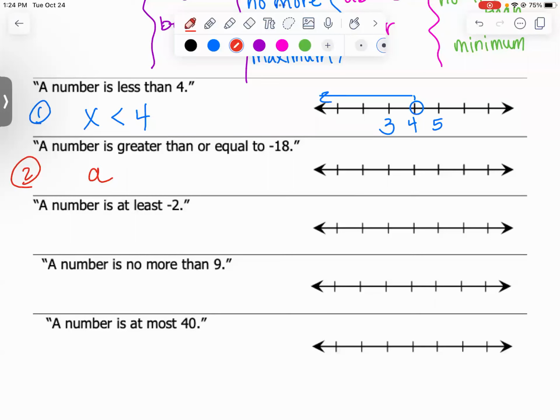Okay, A is greater than or equal to negative 18.